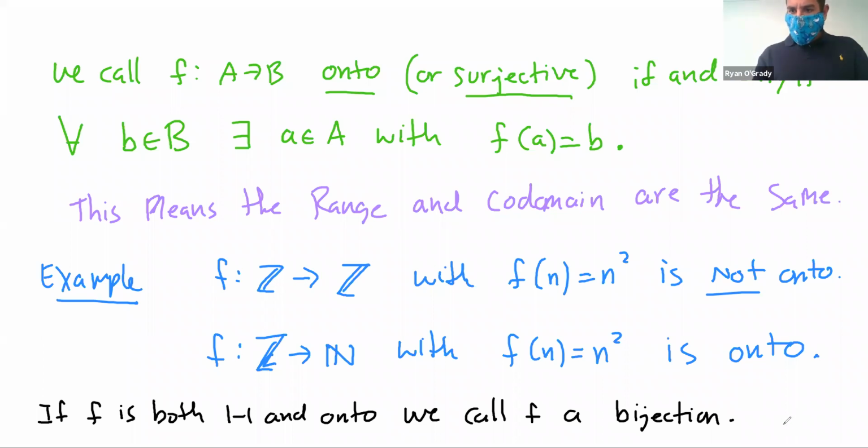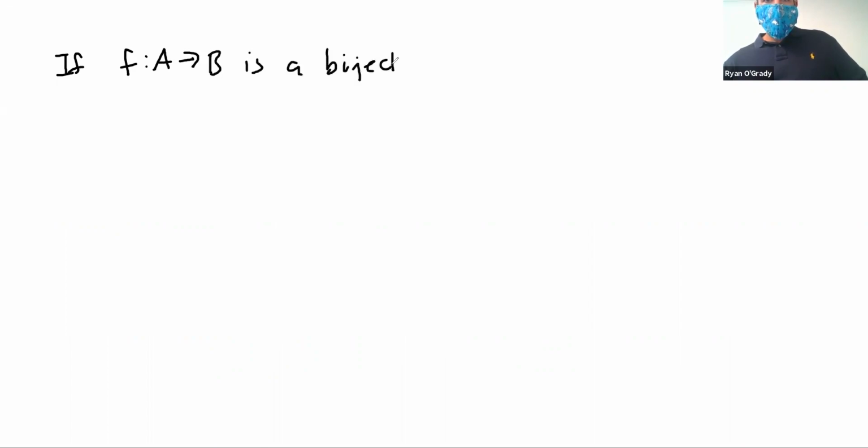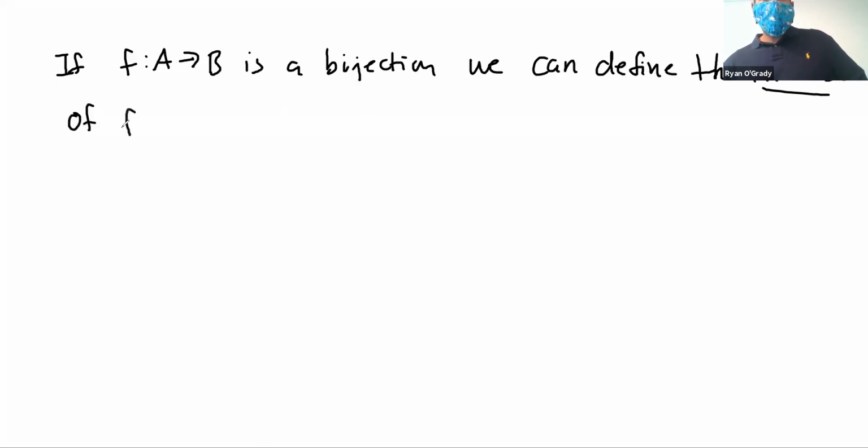Now, if f goes from, say, A to B and is a bijection, we can define the inverse of f.